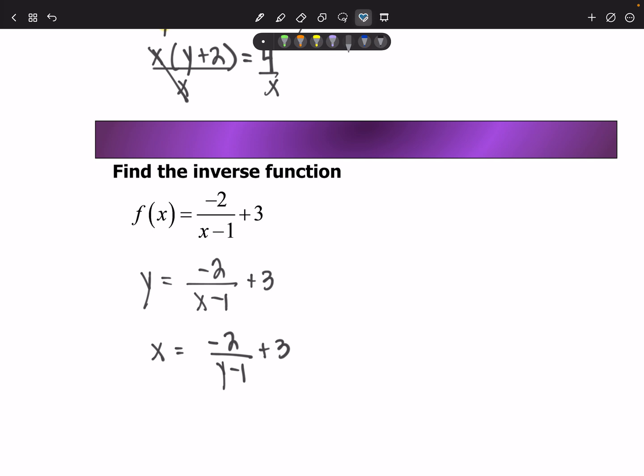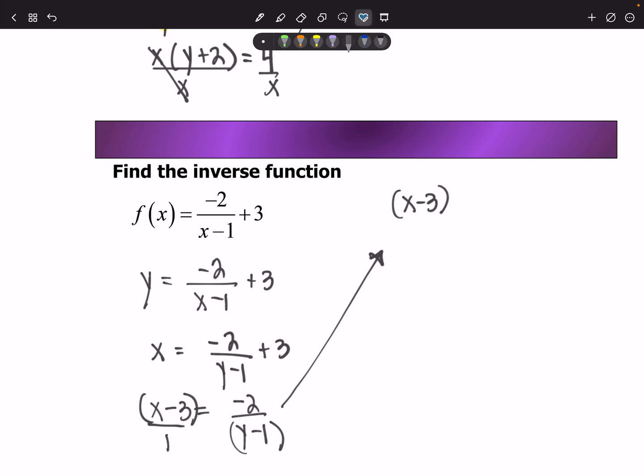I'm going to subtract 3 from both sides. So I've got x minus 3 equals negative 2 over y minus 1. I'm going to put x minus 3 in parentheses and y minus 1 in parentheses, and I'm going to cross multiply. So I have x minus 3 times y minus 1 is equal to negative 2.